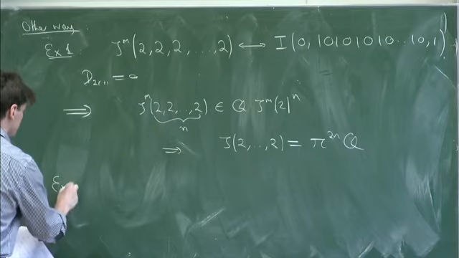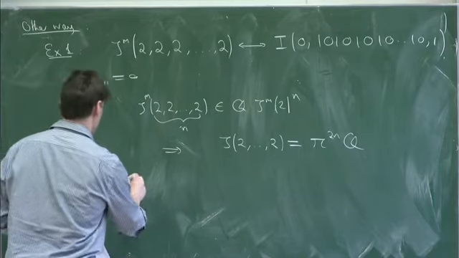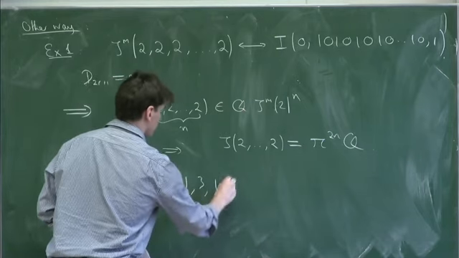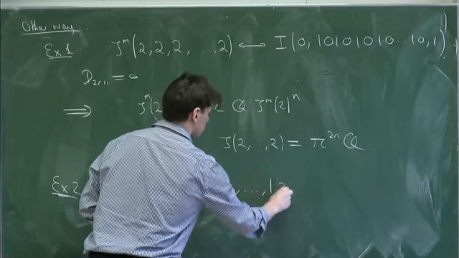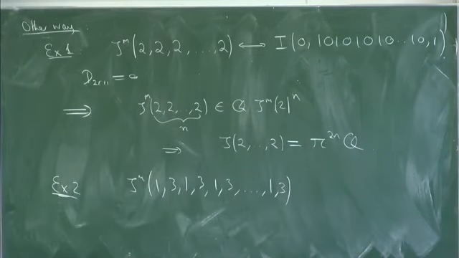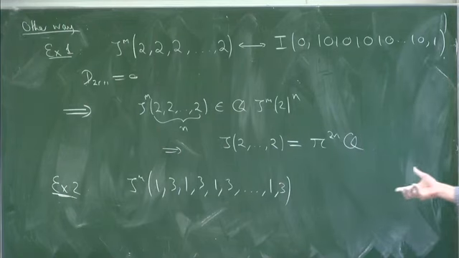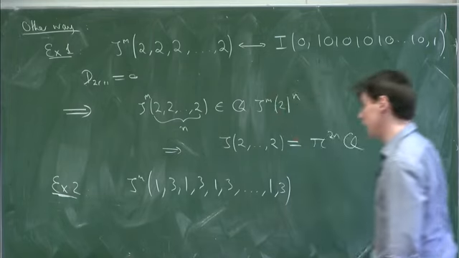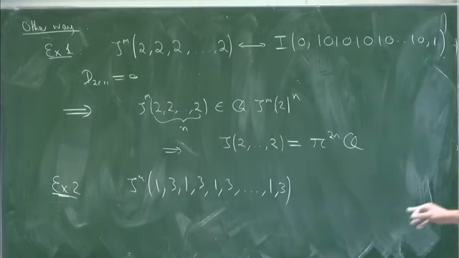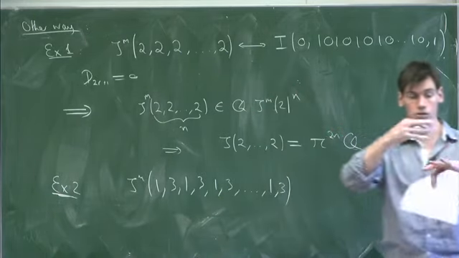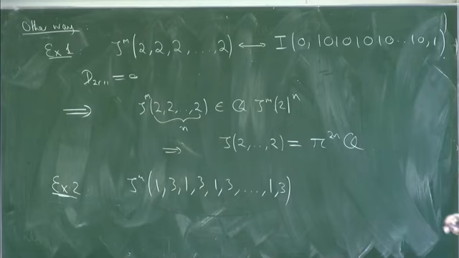Second example, which is interesting because it has some history to it. You can look at 1, 3, 1, 3, 1, 3. And you ask, why 1, 3, 1, 3, 1, 3? Well, Zagier conjectured that this was a certain explicit multiple of pi to the corresponding weight. And it was proved by David Broadhurst a while later by writing this as a tricky hypergeometric integral and doing all these changes of variables and proving it that way.